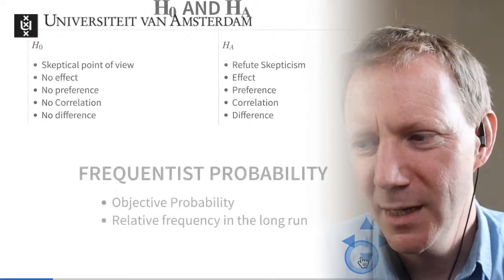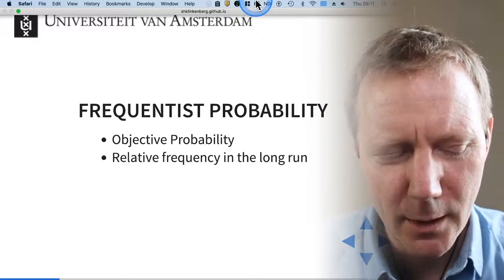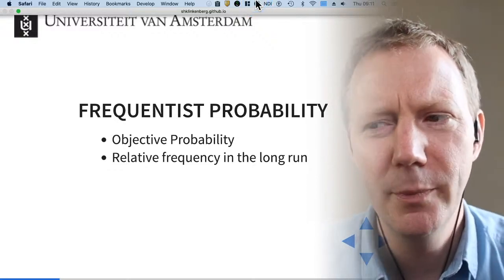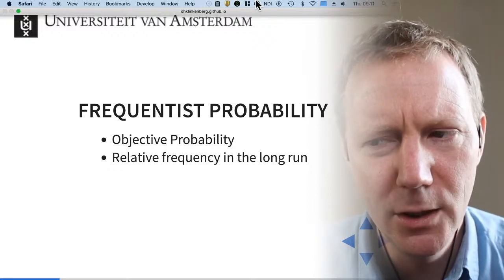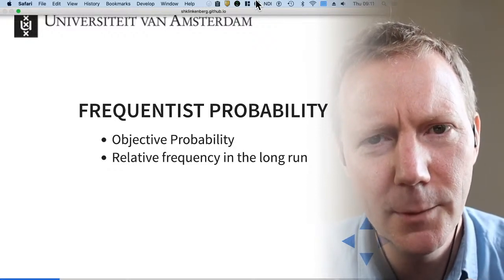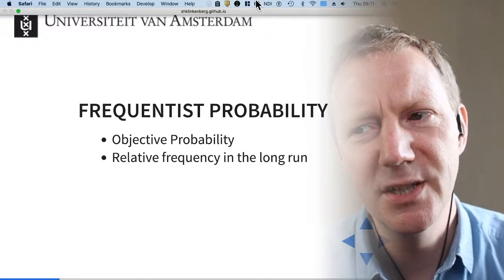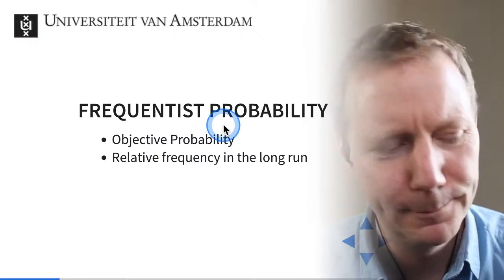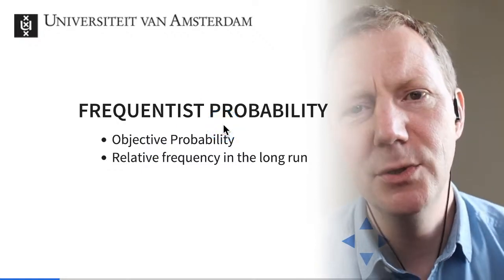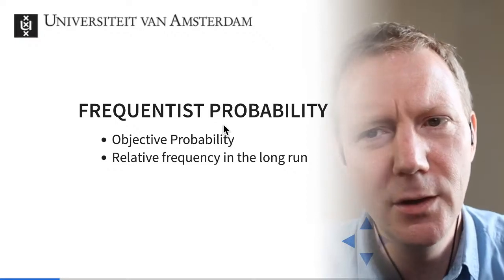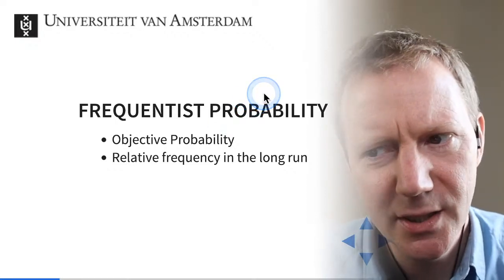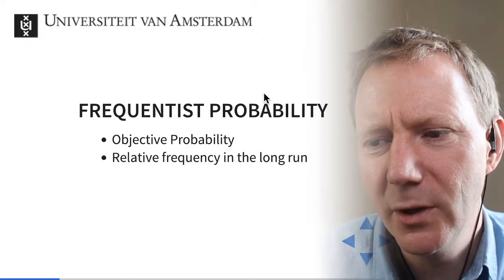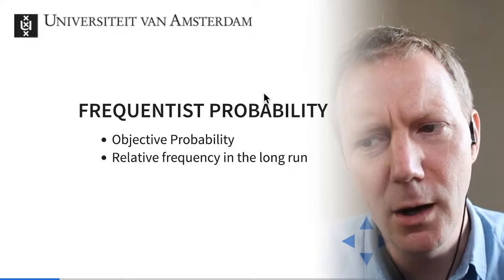And so what we do, especially within the Neyman-Pearson paradigm, is use the frequentist statistics, use the frequentist probabilities as the basis to determine the null hypothesis testing. So it's an objective probability, and it's based on the relative frequency in the long run.